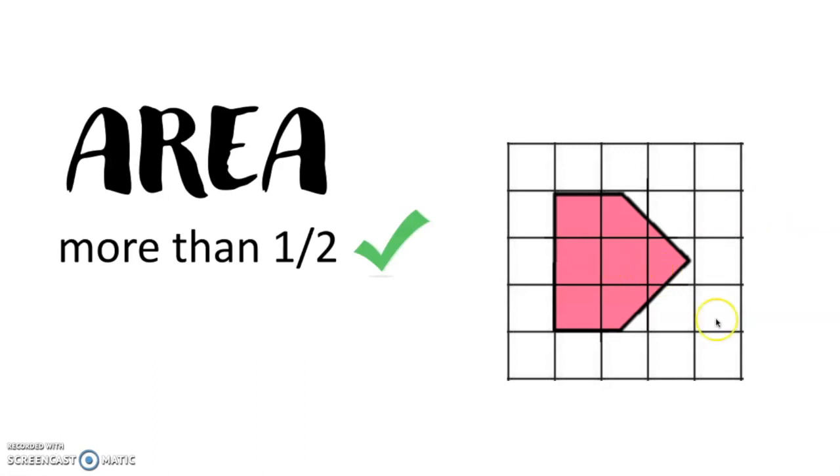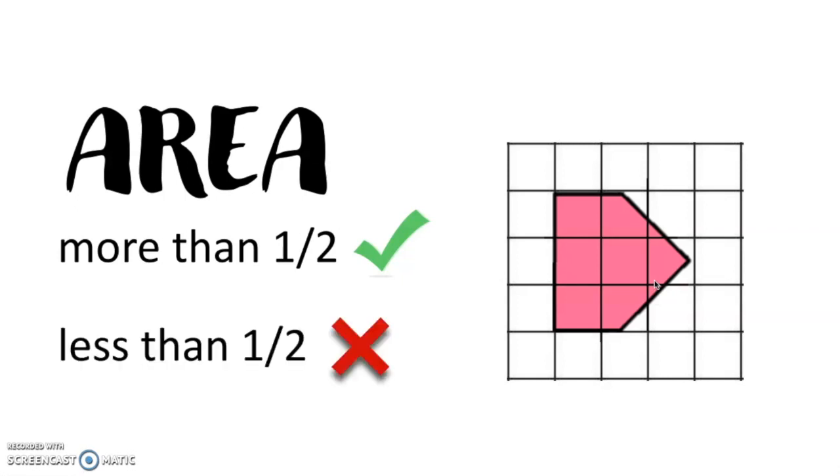If it is more than half of the square, do you see how this little tip here is filling more than half of that square? Then you are going to count it as a full square. Now, if it is less than half of a square, just like this little tiny triangle up here, then you would not count it as a whole square.